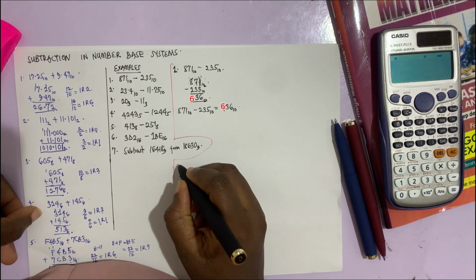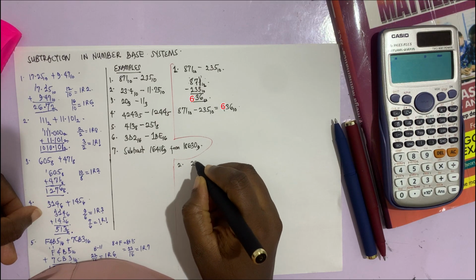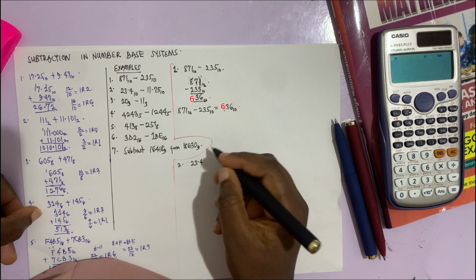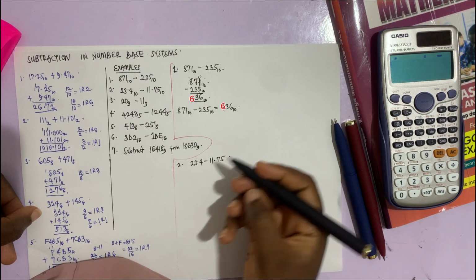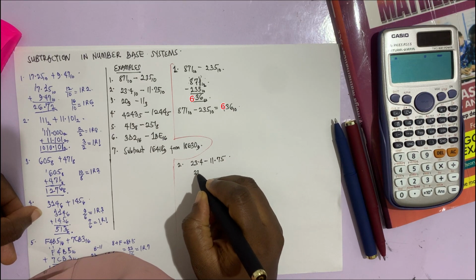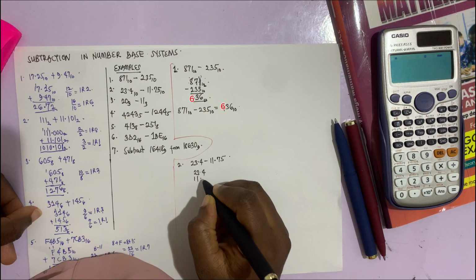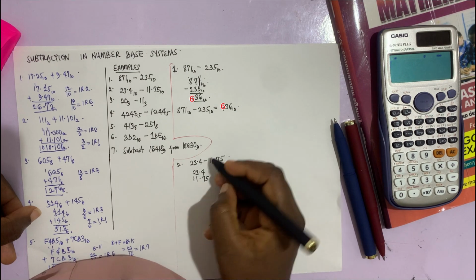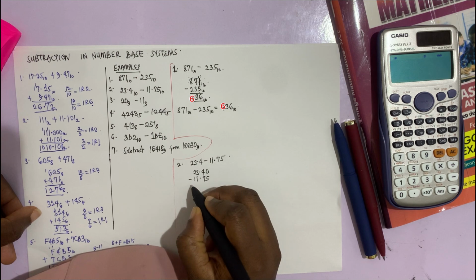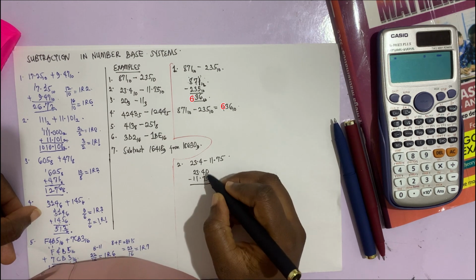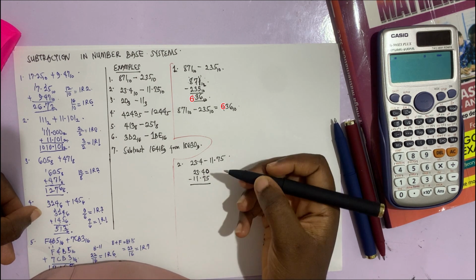So let's take the second example. 23.4 minus 11.75. So we had 0 here because 0 after the decimal is insignificant, but to make our solving easier, we had this 0 here.